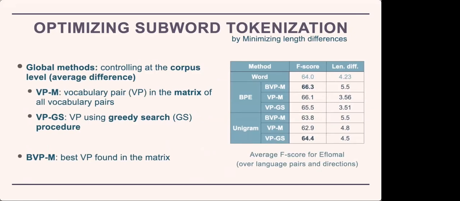The first one, VPM. This one simply picks the vocabulary pair that minimizes the average length difference in the matrix of all vocabulary pairs that we used in the previous experiment. For VPGS, the previous solution VPM can be improved by using the following grid search procedure.